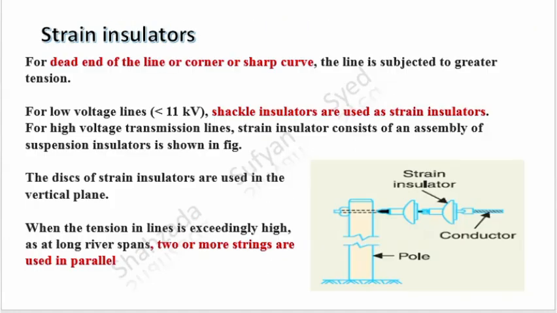Next we have the strain type insulator. Whenever there is a dead end of the line, or there is a corner, or we have a sharp curve on a transmission and distribution line, then the line has maximum tension, and for voltages less than 11 kV, the shackle insulators are used as strain insulators.